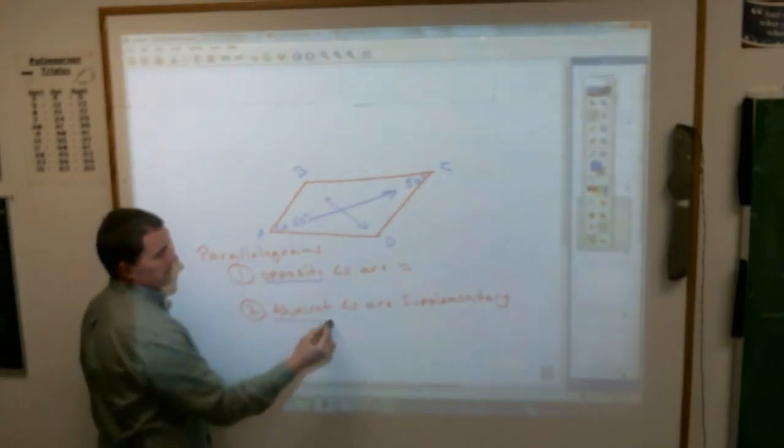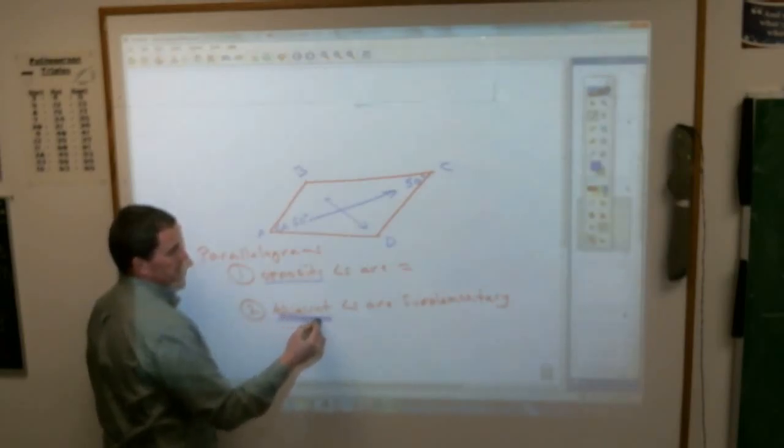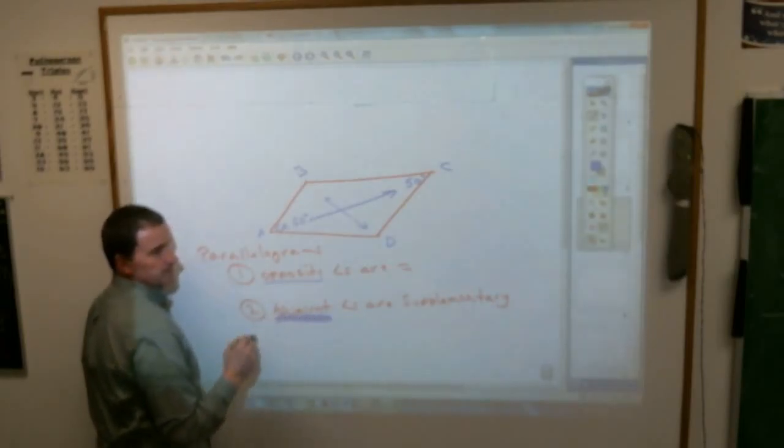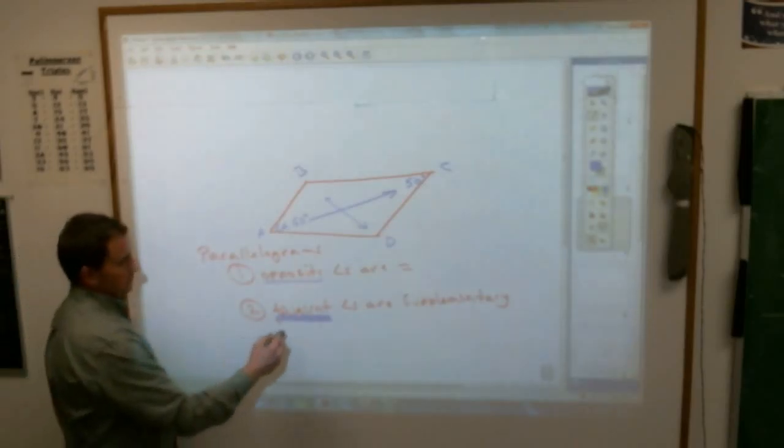And then this one. What do you suppose adjacent angles would be? If you're sitting adjacent to someone, what does that mean? Isabel? You're next to.